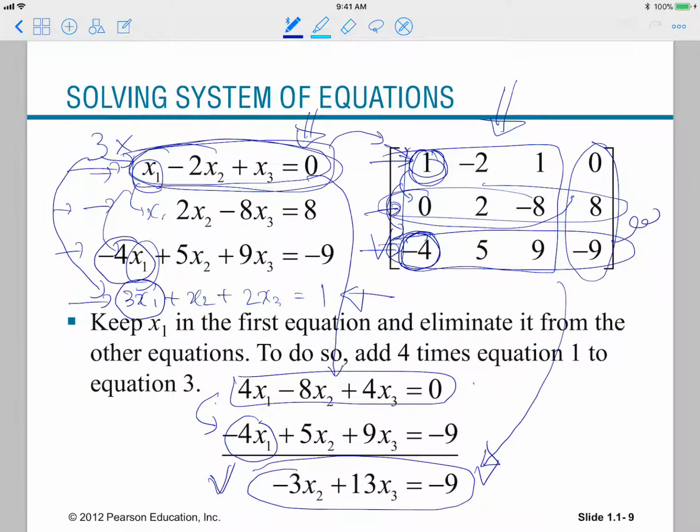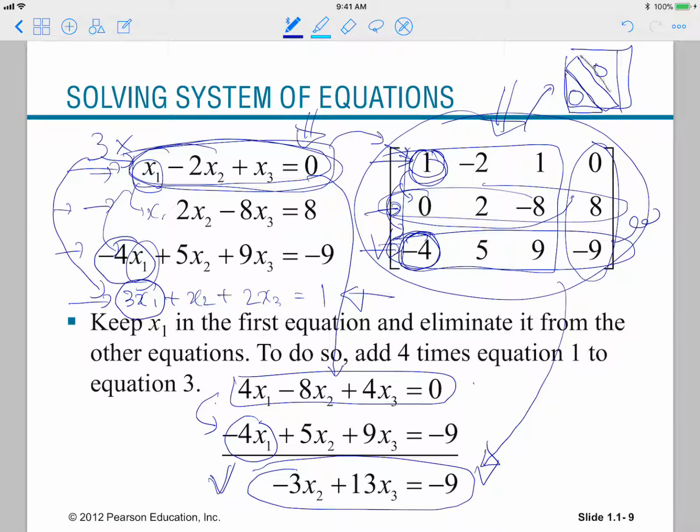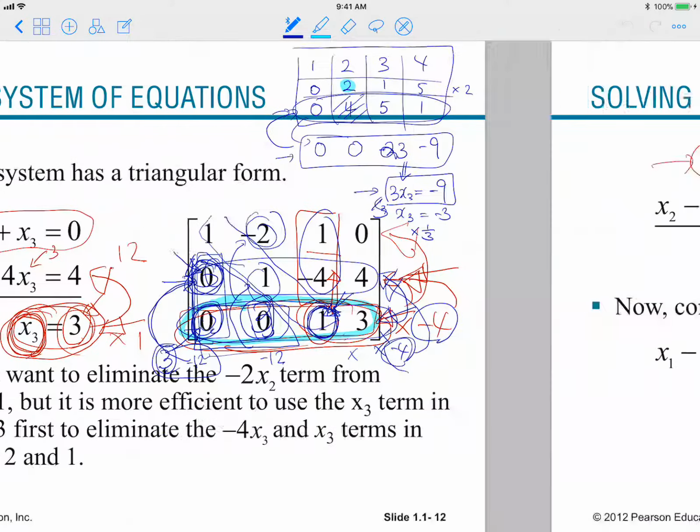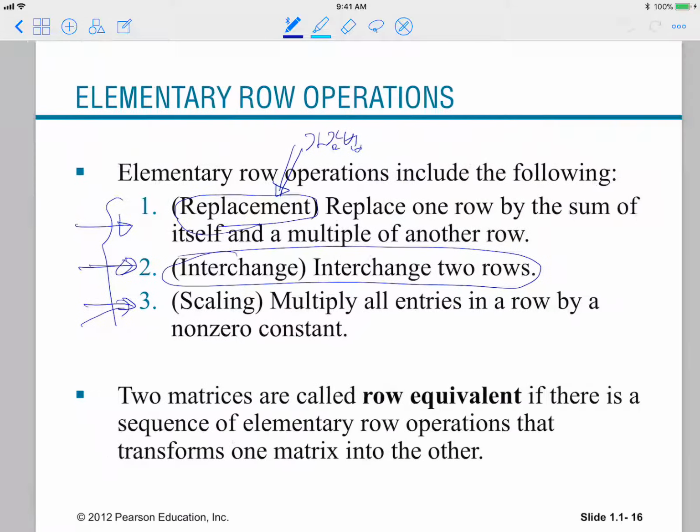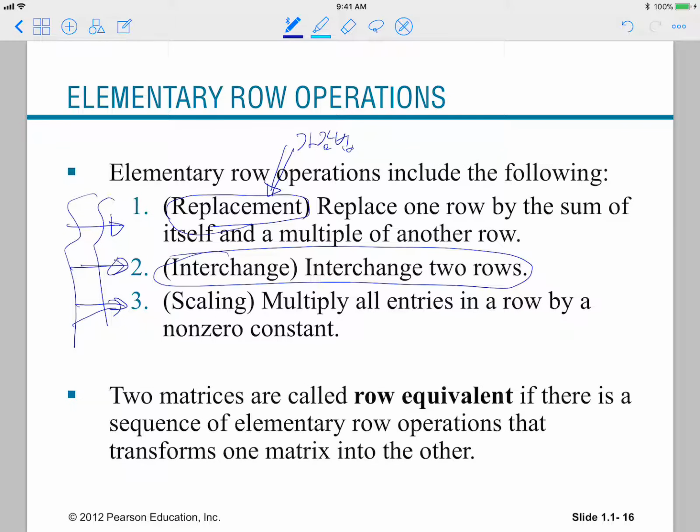Originally we had this guy, and we want to change it into a form having non-zero diagonal entries, all zeros in the off-diagonal part, the part below or above the diagonal, and some numbers here. We want to change this augmented matrix into this form by using these three elementary row operations.